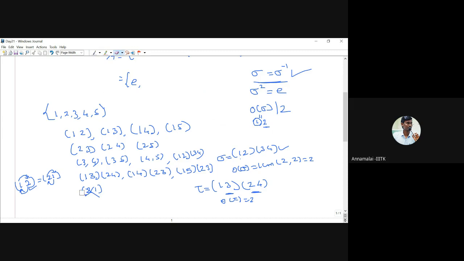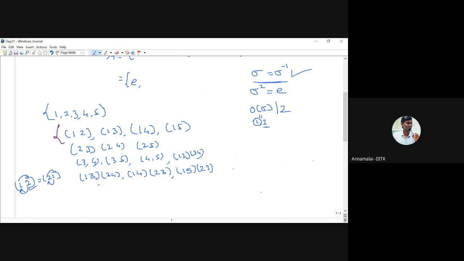Then any other possible? We need the LCM to be 2. Therefore, the only possibility is 2, 2. So if you take a length 2 permutation and another length 2 permutation, and these two permutations should be distinct, then we take the LCM. Now these are all the possible permutations whose order is 2.